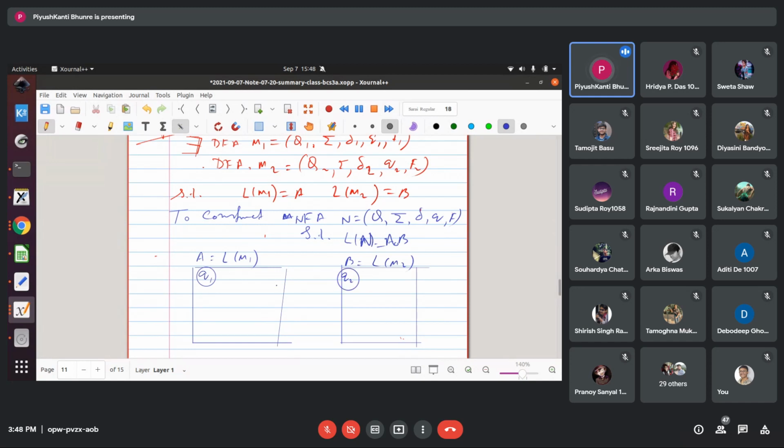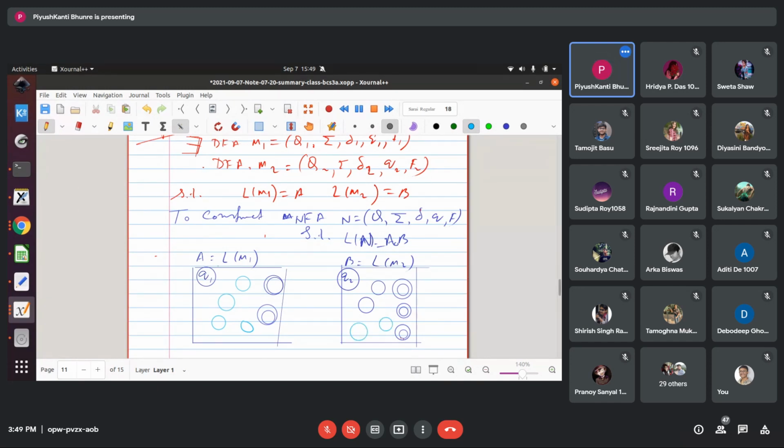It has a start state q2. It has some final states, and some other states may be there. I can even draw in a different color. That is also fine.